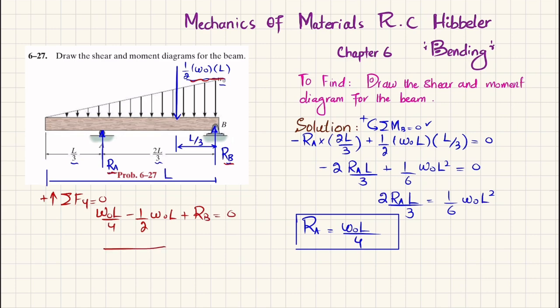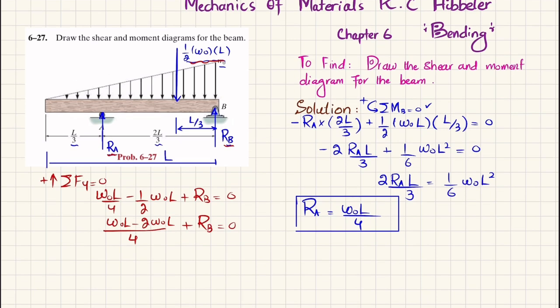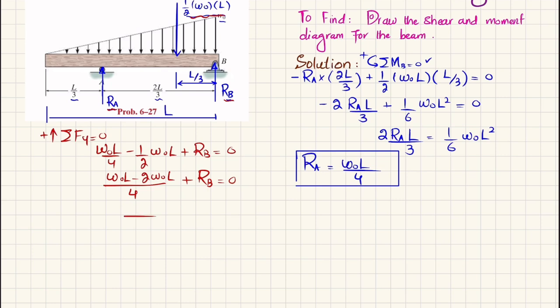If you take the LCM, this will be 4. So it will be W0 L minus 2 W0 into L plus RB is equal to 0. This will give you 4 minus W0 into L plus RB. So from here you will get RB equal to W0 L over 4.